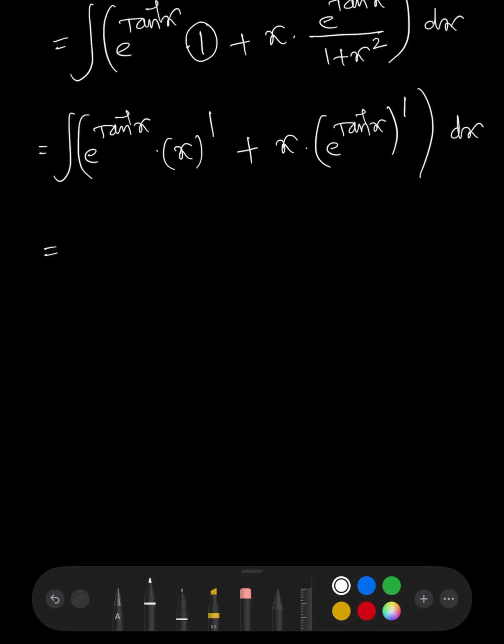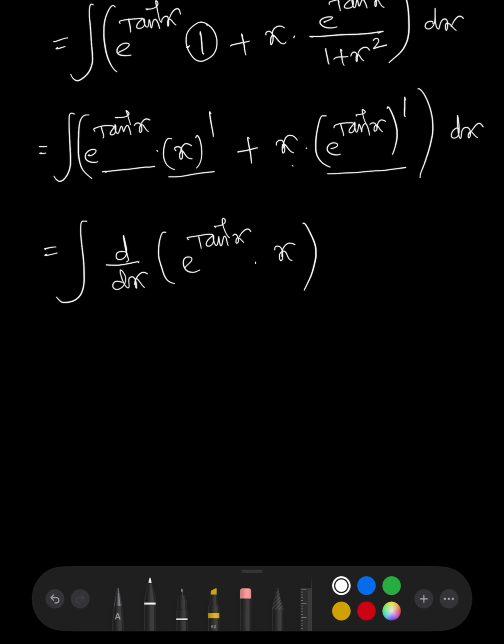So if you observe this carefully, f of x into g dash of x plus g of x into f dash of x, that is known as d by dx of e power tan inverse x into x.